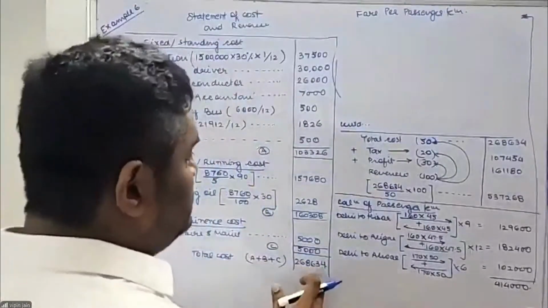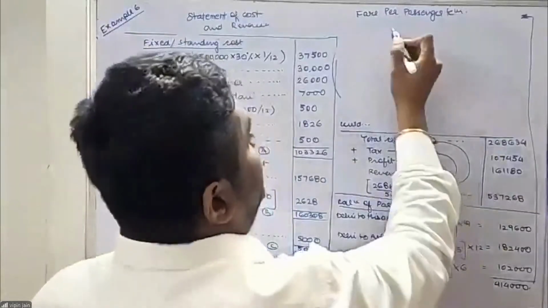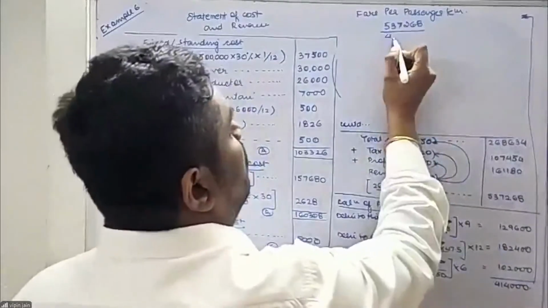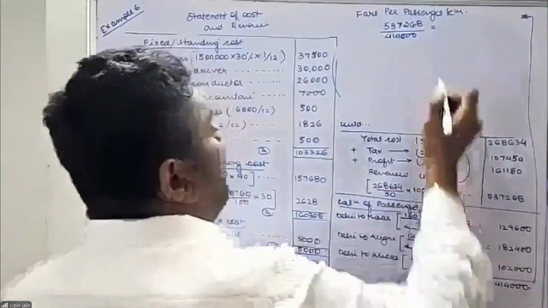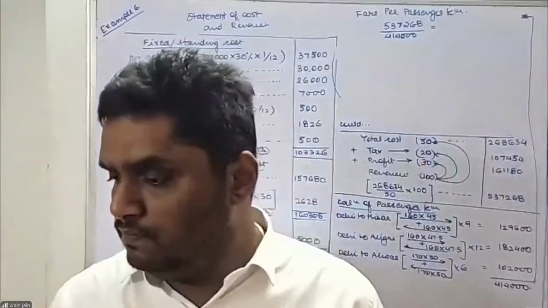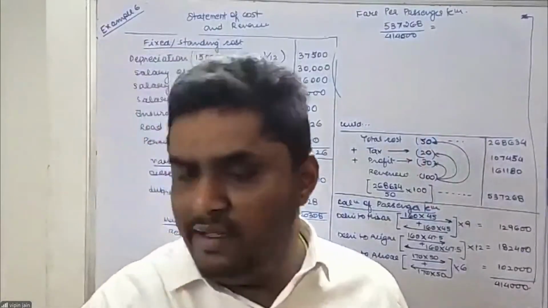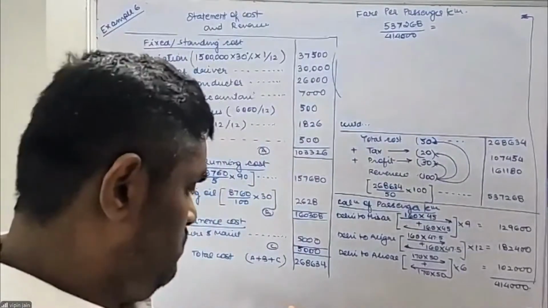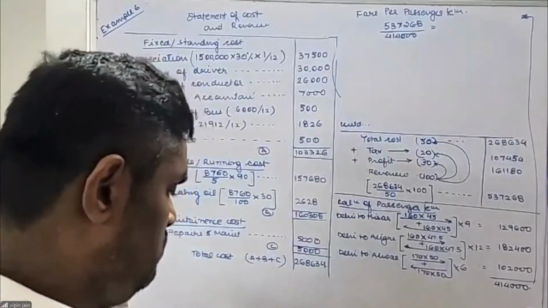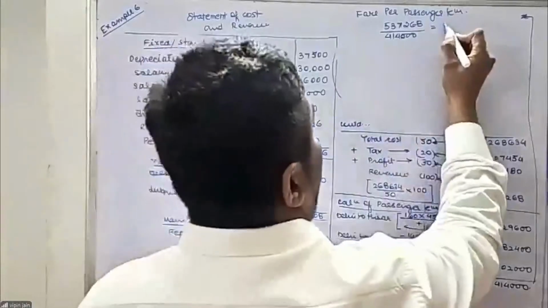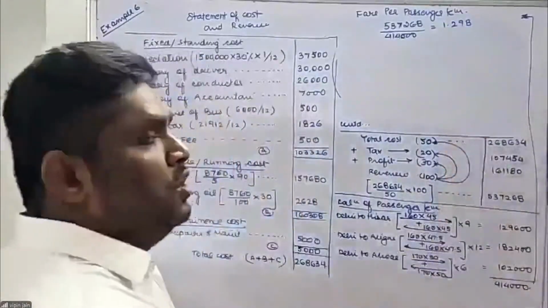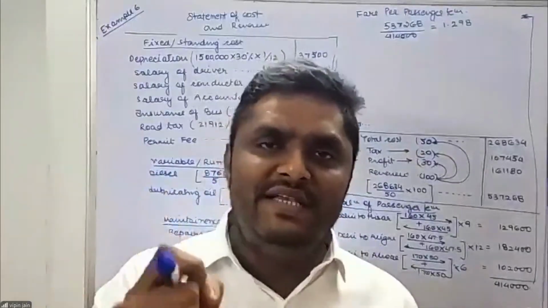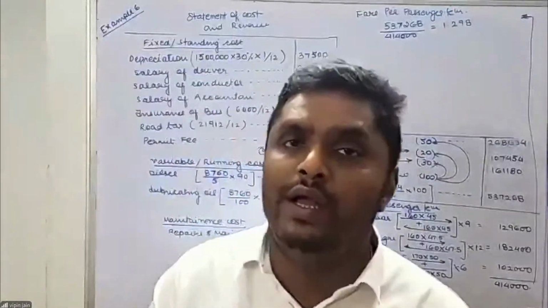So my revenue is 537,268 divided by the passenger kilometers. So this will be 1.298. What is it? It is the fare per passenger per kilometer.